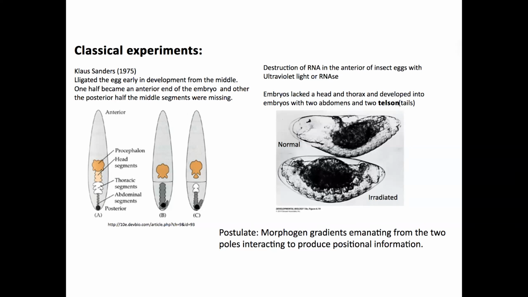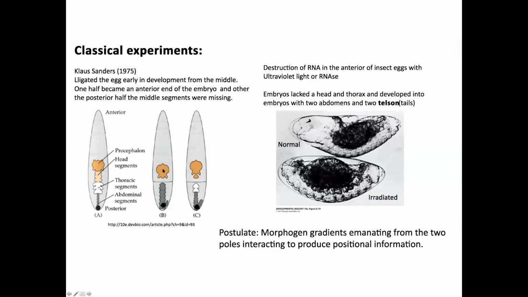Anyways, he ligated embryos very early in development, from the middle. If you can see here, this is the anterior and this is the posterior, and in between you have the head, the thoracic segments and the abdominal segments. What he observed is that the earlier he tied the embryo in the middle, the less completely they developed.